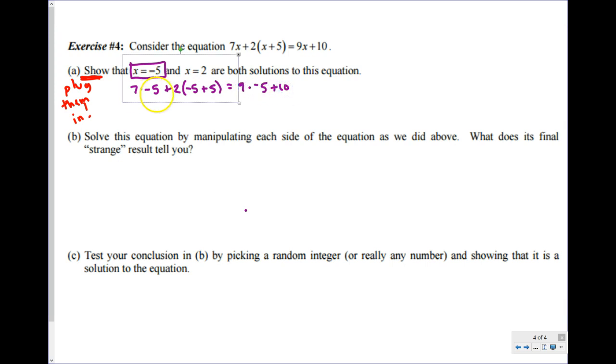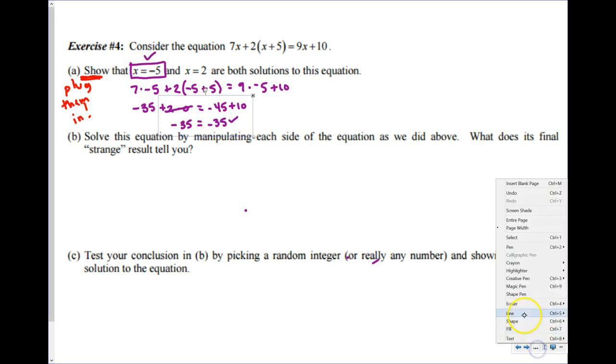Now I'll simplify. 7 times negative 5 is negative 35, plus 2 times 0, equals 9 times negative 5, which is negative 45, plus 10. On the left side, 2 times 0 is 0, so I can cross that out, and I'm left with just negative 35. And negative 45 plus 10 is negative 35, so x equals negative 5 is a solution.